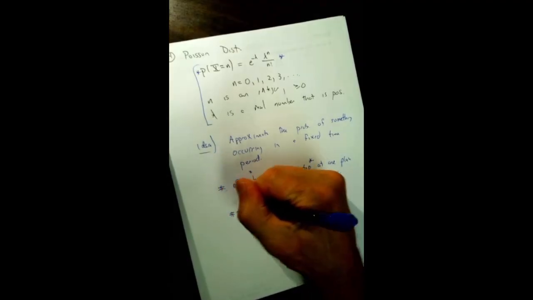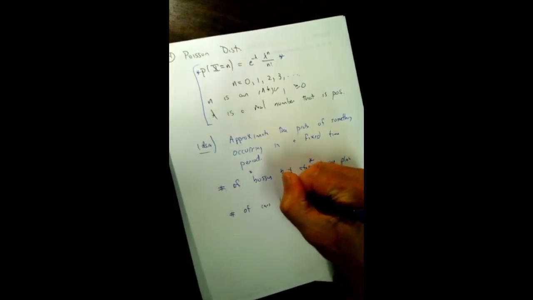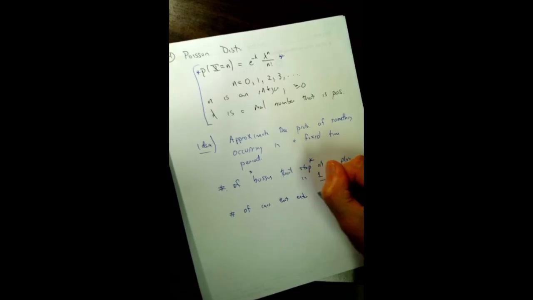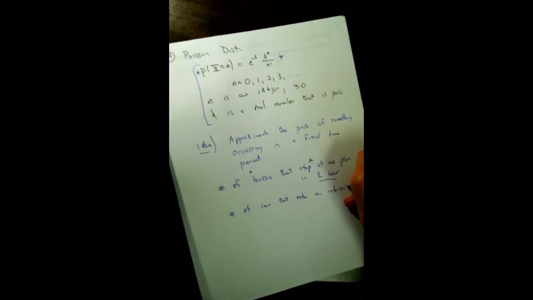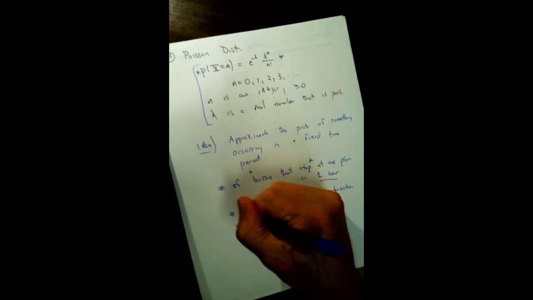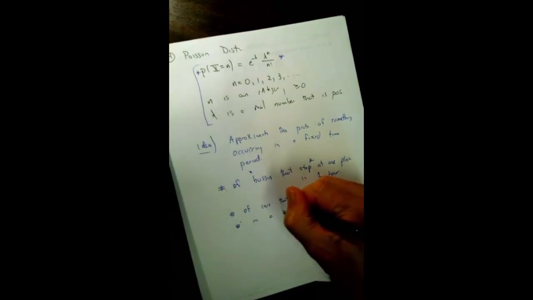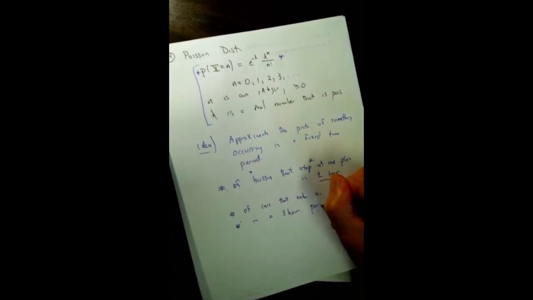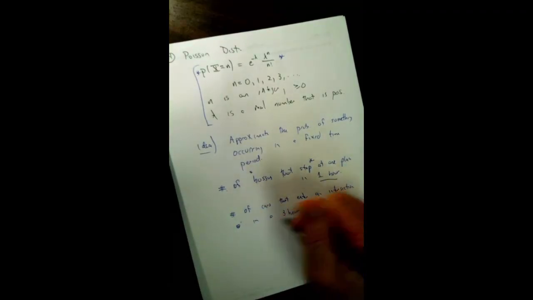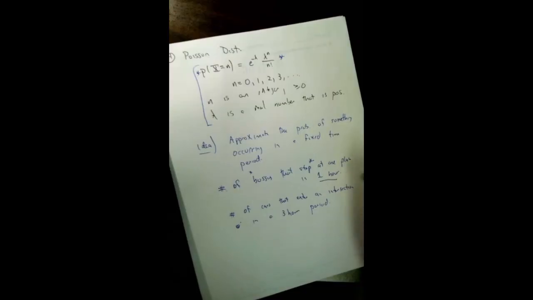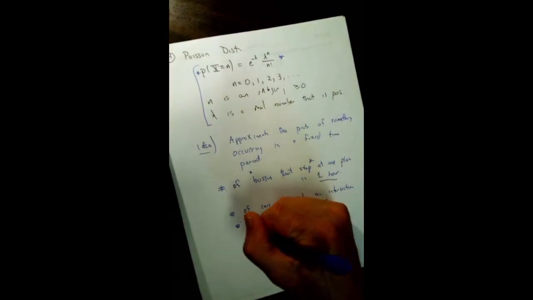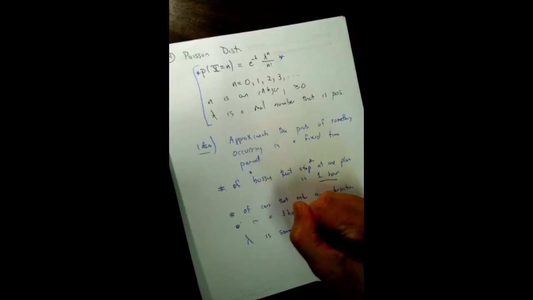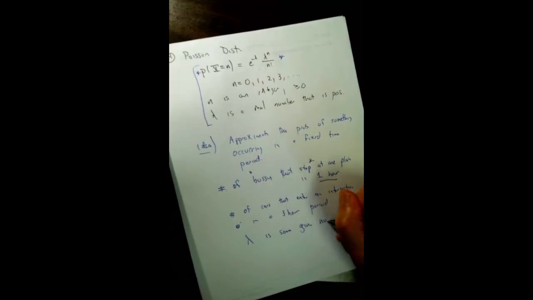Another example might be the number of cars that enter an intersection in a 3-hour period. So again, it's a non-negative integer, over a fixed time period. And for now, we don't know how to get lambda. So for now, this has to be given to us.